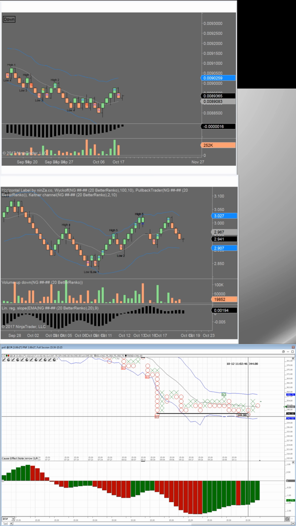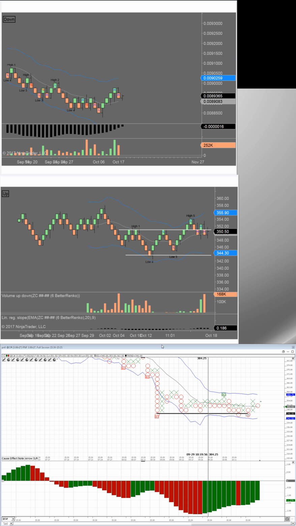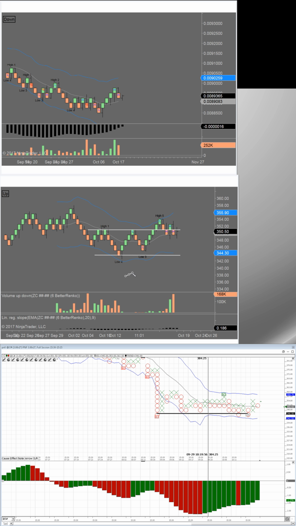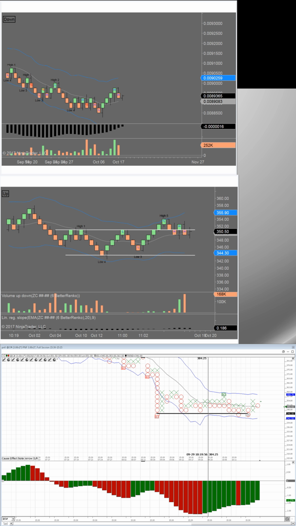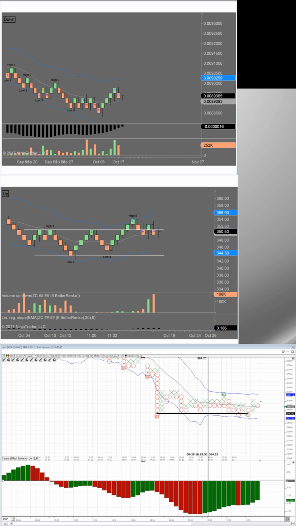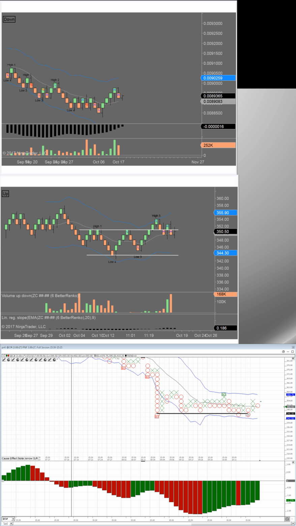So what I want to do is take a look at it on the other charts, and just get a feel for it. See what it's up to. So can I detect anything off of this? Not on that one. Let's take a look at the higher time frame.